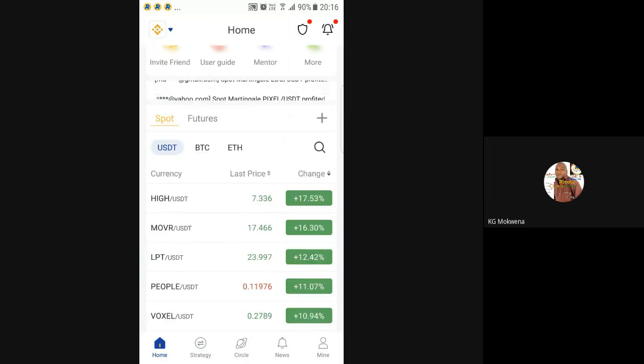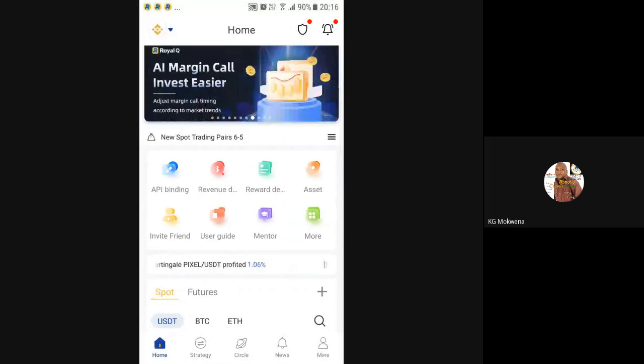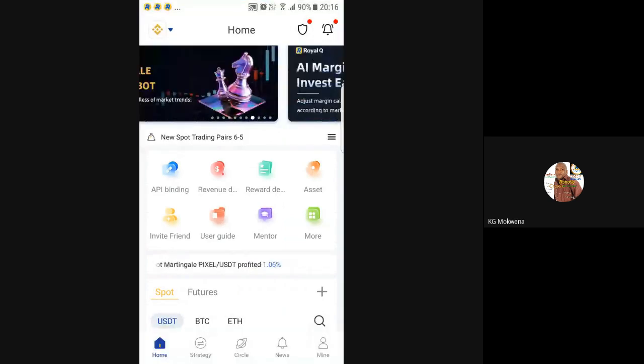So also, you can come here, and then you click on the burger menu button here, you will be able to see new announcements or notifications. Can you see here? It's been stated there that new spot trading pairs, we see 6 to 5.